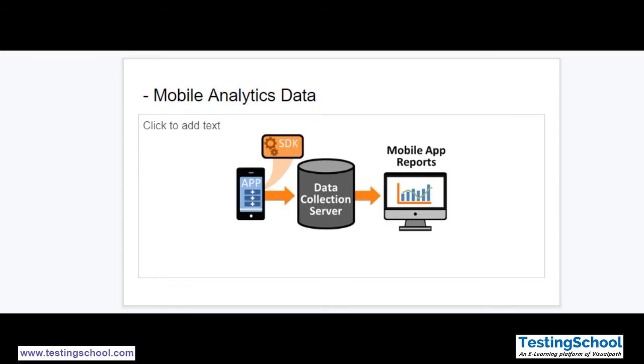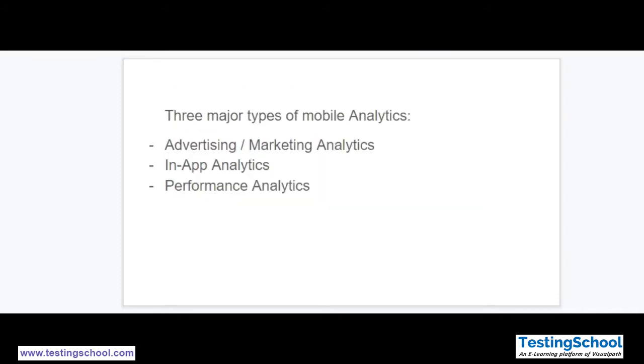Briefly, there are three major types of mobile analytics. The first one is advertising, or marketing analytics. The second one is in-app analytics. The third one is performance analytics.